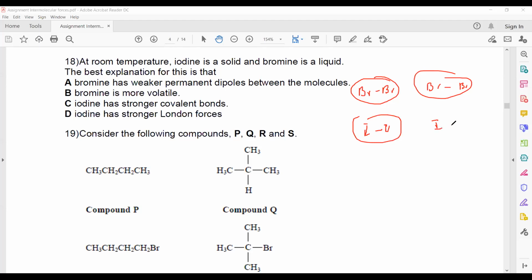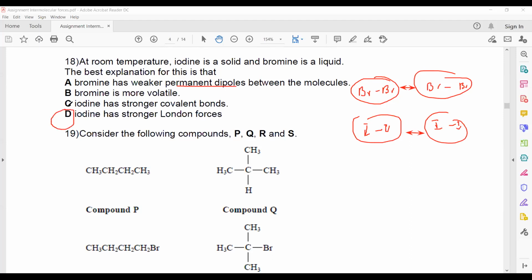But why is the iodine solid and the bromine liquid? Bromine and iodine don't have permanent dipoles because the molecules are non-polar, so they have dipole induced dipole force between molecules of bromine and molecules of iodine. But why is iodine solid, or having a higher boiling point?